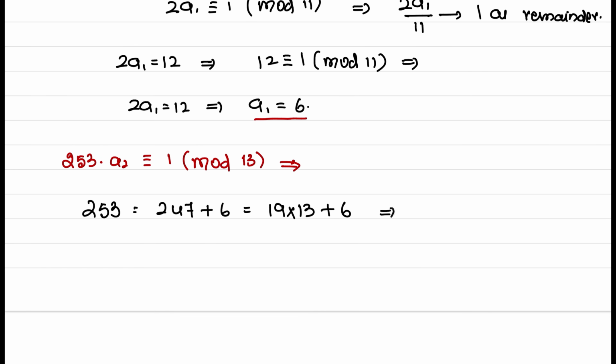So 253 is equivalent to 6, the remainder here, mod 13.